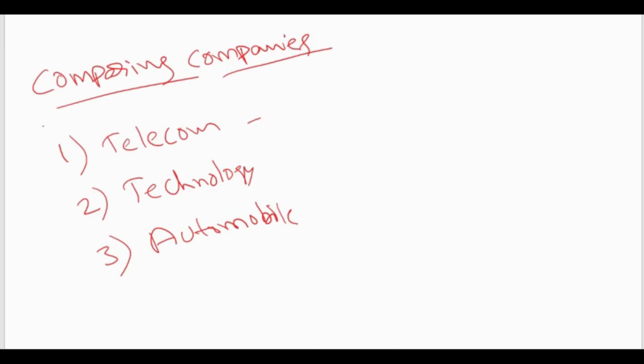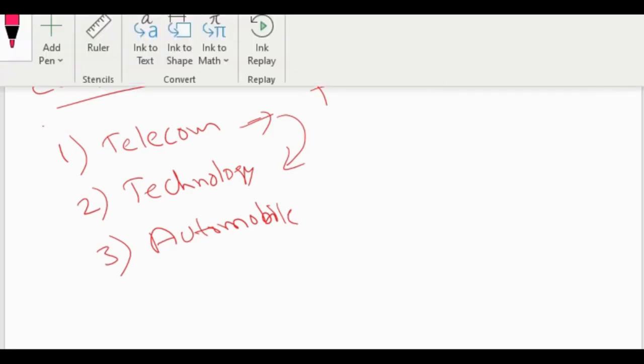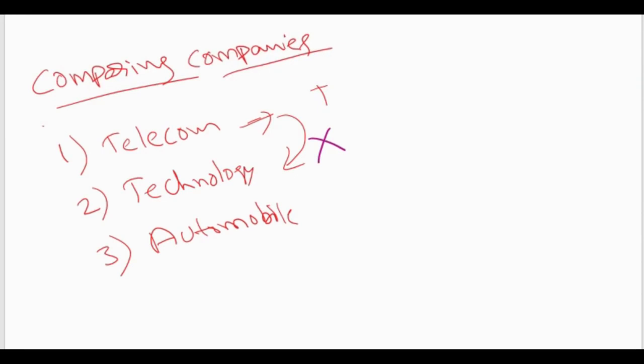Let's say if you are comparing companies, then you should compare one telecom company with another telecom company. But if you compare the telecom company with a technology company, then you will not get any proper results. So this is wrong and this is right. So you need to compare only telecom versus telecom. Or if you are comparing automobile, you compare only with automobile.